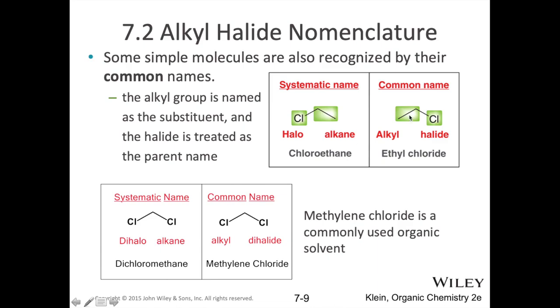Now, in the common system, we flip that. You treat your halogen as the main part of your molecule, and so you end your name with that "ide" ending that you see in a lot of typical nomenclature.